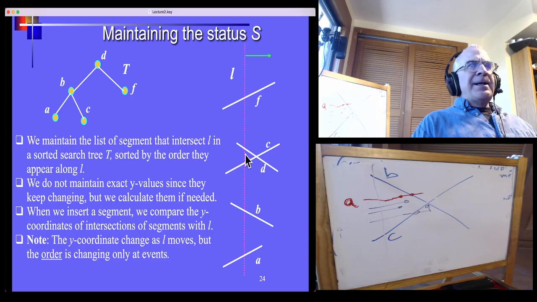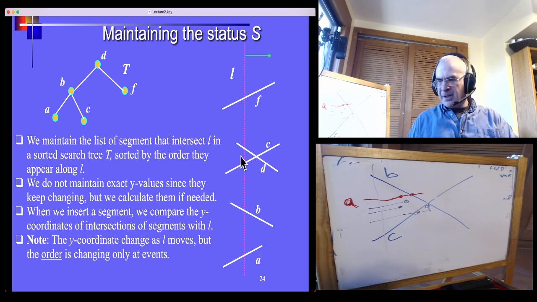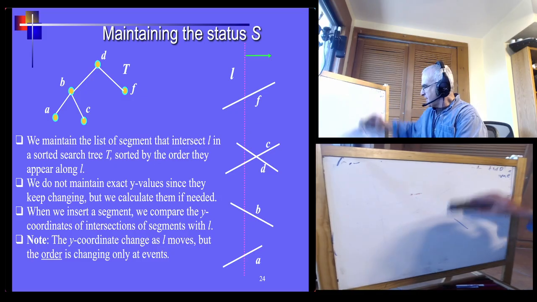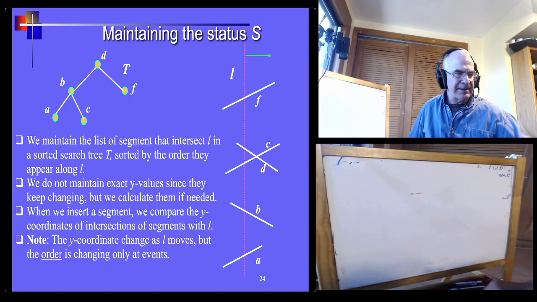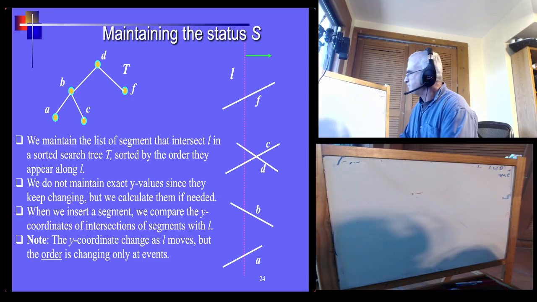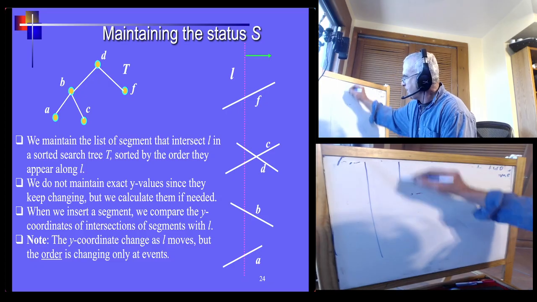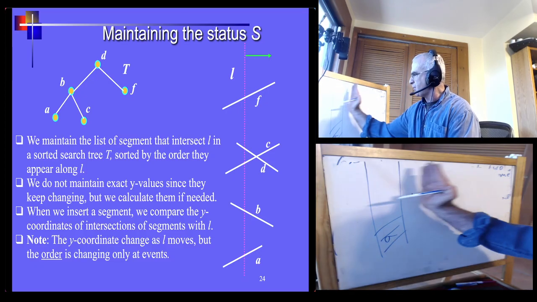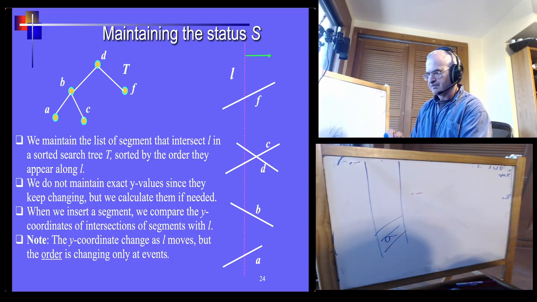How do I maintain the status? That's exactly where I'm using the exercise that we played with last meeting. This exercise asks you to have a vertical strip, sigma, everything between these two vertical lines.